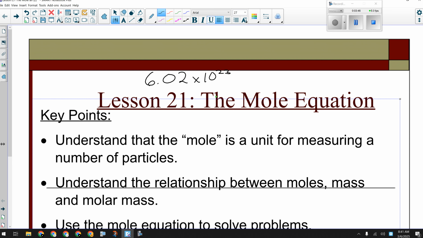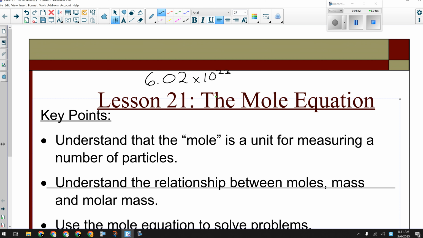That is why hydrogen's atomic mass is basically 1 gram. They did the math and figured out how many atoms would be in 1 gram of hydrogen, and it was that many. Then they said, okay, that's the number I'm going to use for everything. That is the atomic mass of every single element.